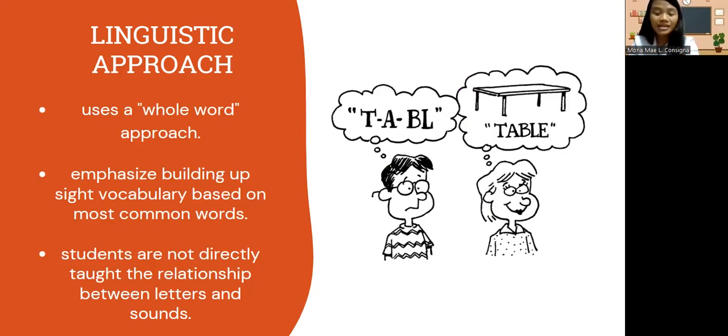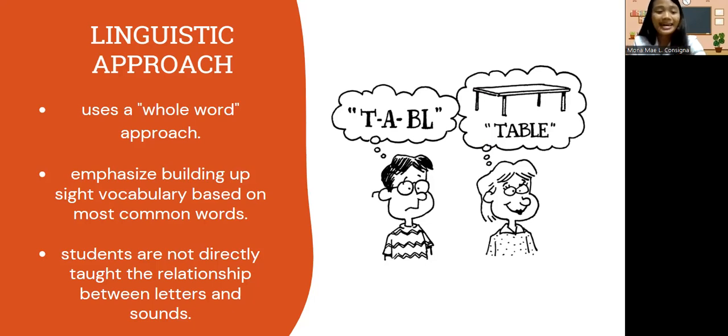For example, in this picture, we can see the sounds of the word table, t, b. This is the phonic approach. But when we use the linguistic approach, it is the whole word. The students will just read the word as a whole, table.